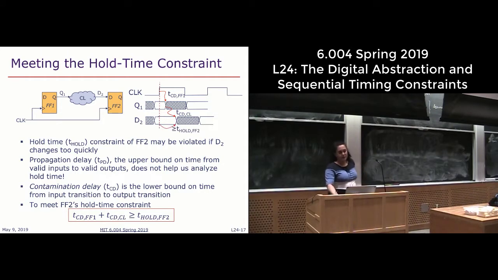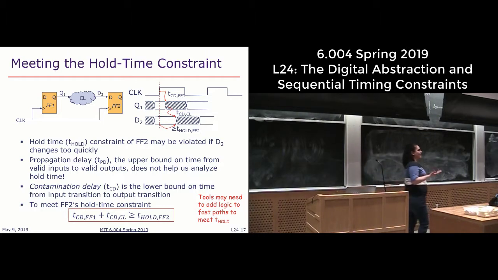Okay? And so this is a very important takeaway, which is that what these automated tools sometimes have to do is they sometimes have to introduce an extra delay between a register-to-register path in order to guarantee that the t-hold time of every single register in your circuit is actually satisfied.